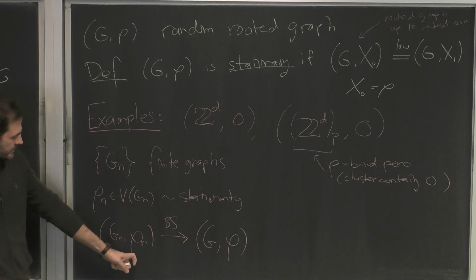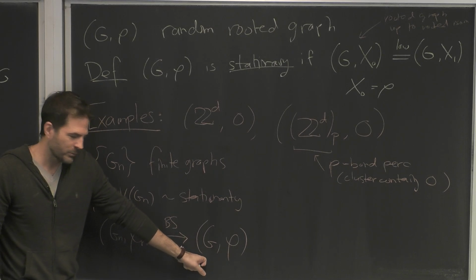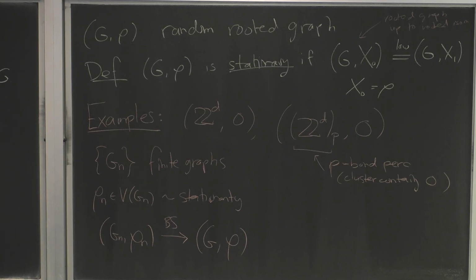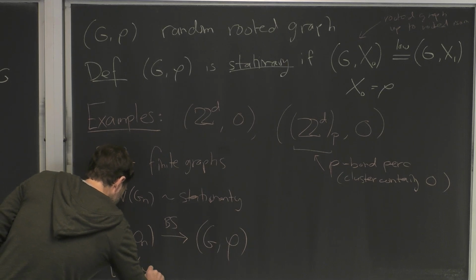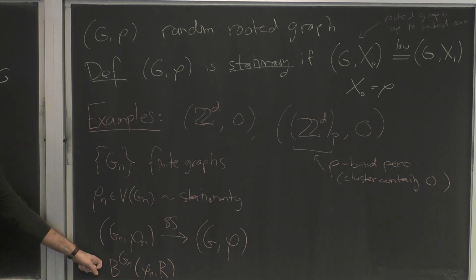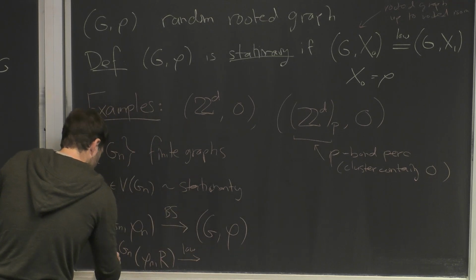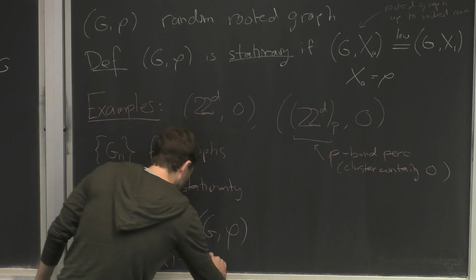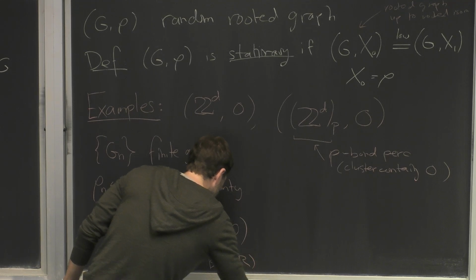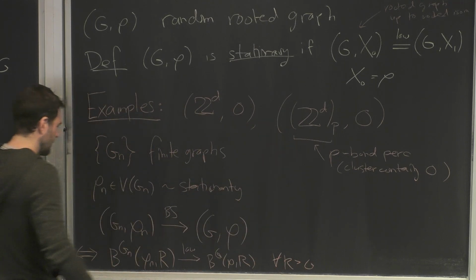This sequence of random rooted graphs converges in the Benjamini-Schramm topology to this random rooted graph if, for every fixed radius r, the law on balls of radius r in these graphs, which are finite subgraphs considered only up to rooted isomorphism at the root rho sub n, converges to the law of balls here. It's not really if and only if, that is a definition, but okay.